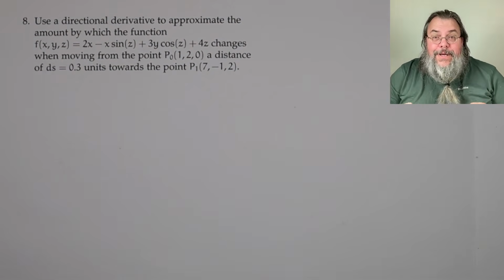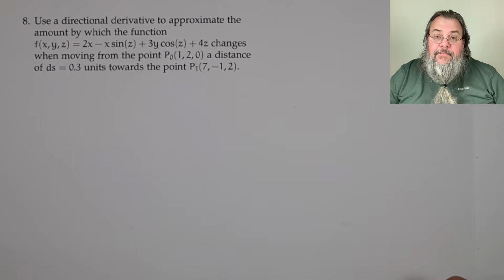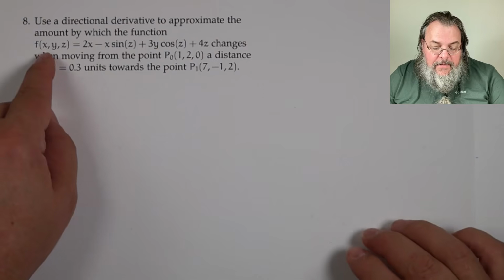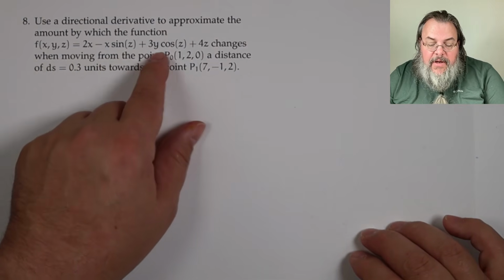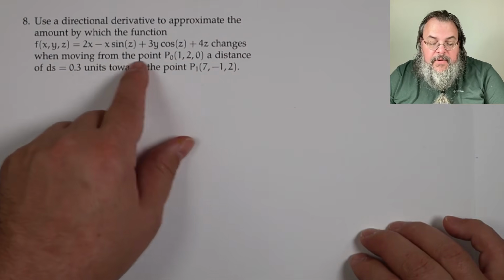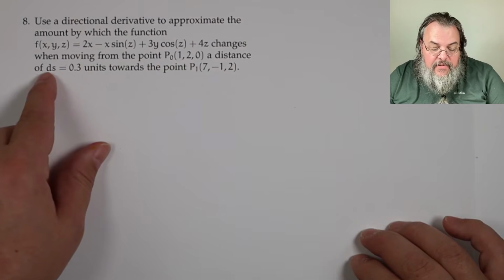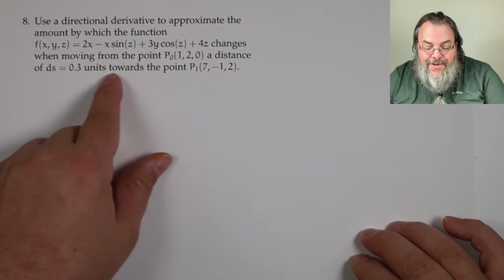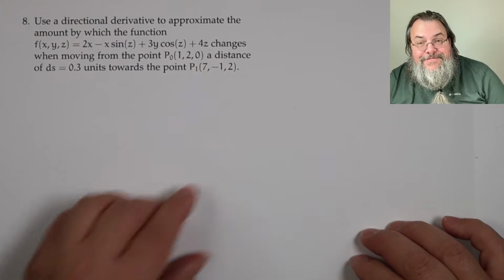Number 8. Use a directional derivative to approximate the amount by which the function f of x, y, z equals 2x minus x sine z plus 3y cosine z plus 4z changes when moving from the point P0 (1, 2, 0) a distance of ds equals 0.3 units towards the point (7, -1, 2).